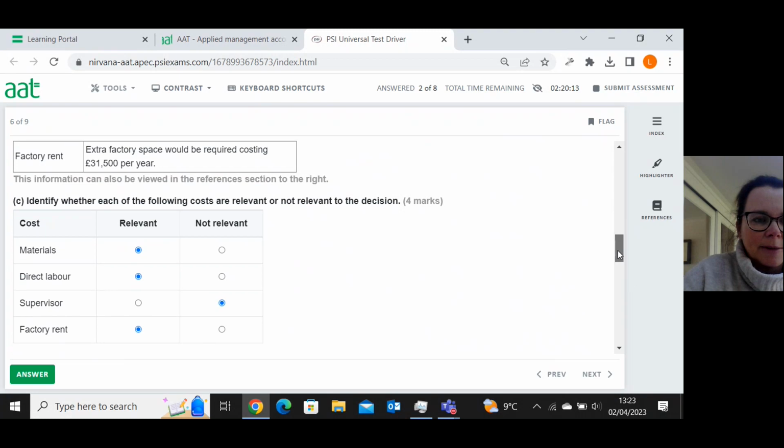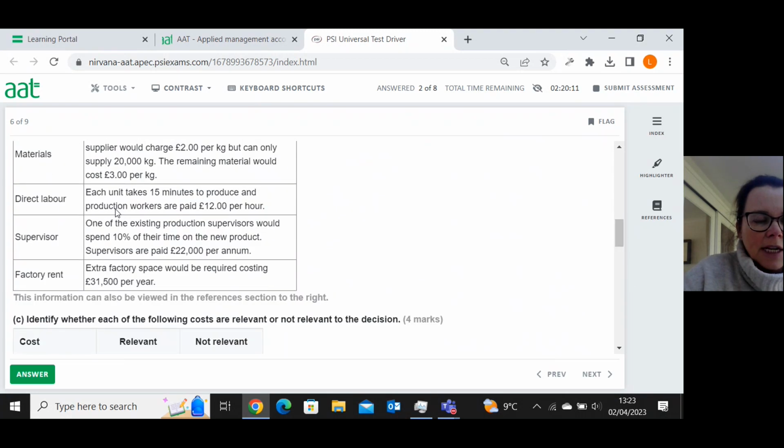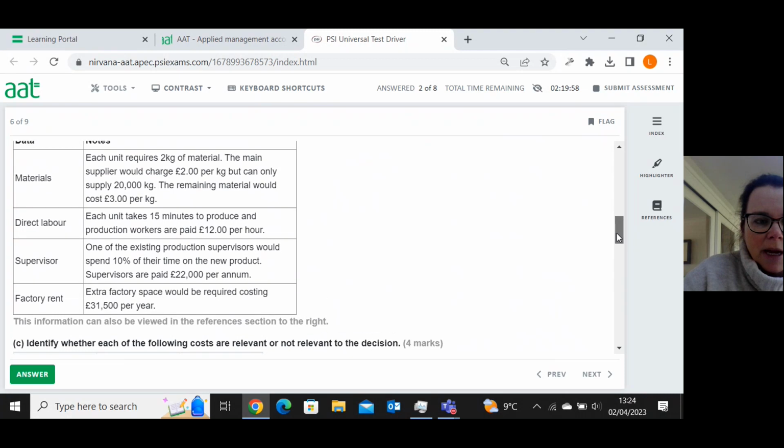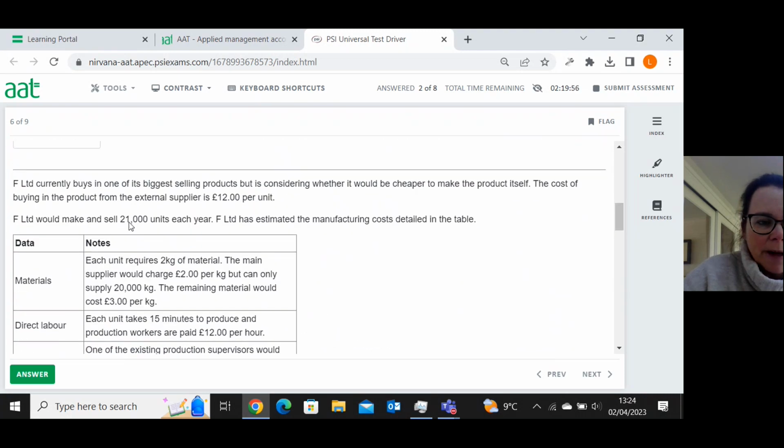Right, direct labour. Each unit takes 15 minutes to produce, so let's convert that to hours. So 15 divided by 60 times £12. That's per unit, and then times the 21,000 units.